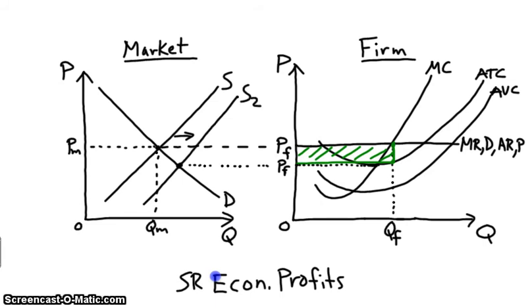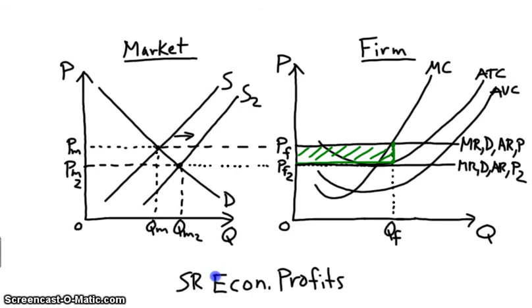The new supply curve S2 that results from new firms entering the market is going to lead to this new equilibrium price in the market, PM2, and a new market equilibrium quantity, QM2, and that market price becomes the price for the firm, and then we get a perfectly elastic demand curve. So this is, you know, D2.